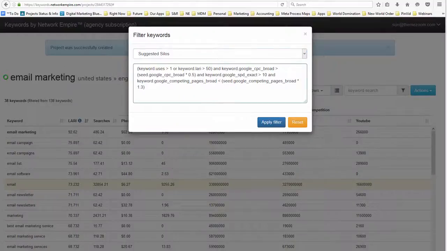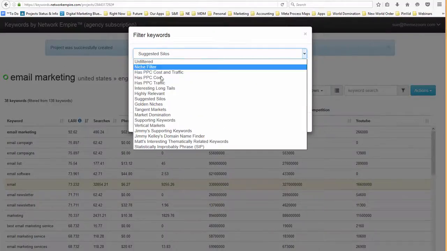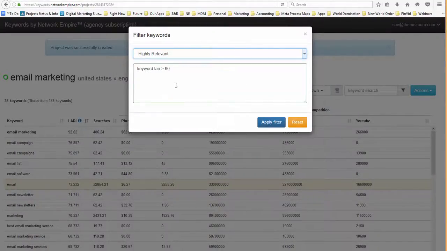Either highly relevant or suggested silos would bring back different kinds of market segments that would be useful, because then you can look at the different segments that make up that idea and see if there are entirely different ways of expressing email marketing, or whatever your market is, than what you'd thought of.